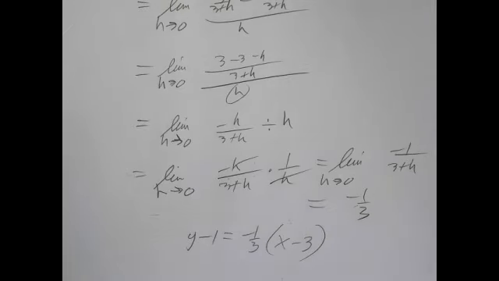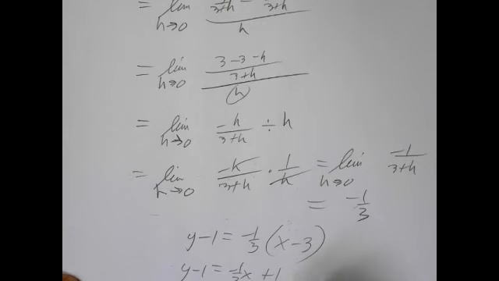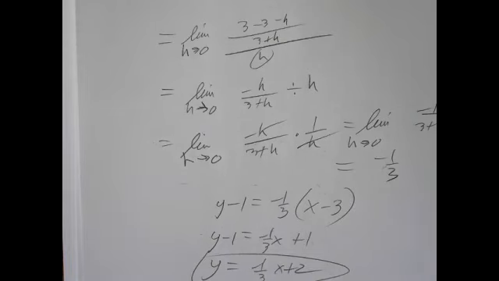If you wanted slope intercept form, you would simply distribute, add the 1, and there it is in the other form, if that is what you desire. So point slope, slope intercept, depending on what's being asked for. But regardless, there is the slope, there is the point, and there's the equation of the tangent line to that curve at that point.